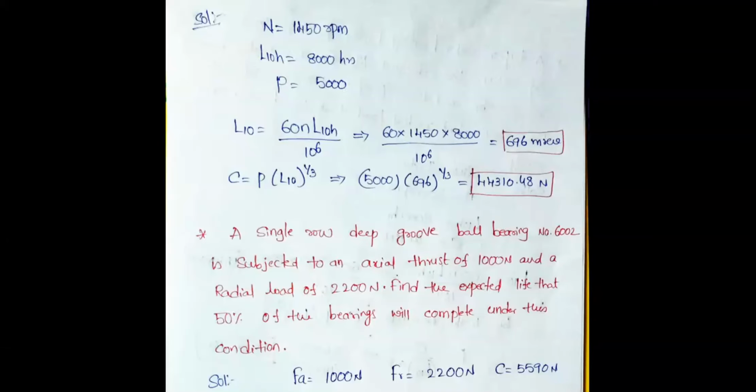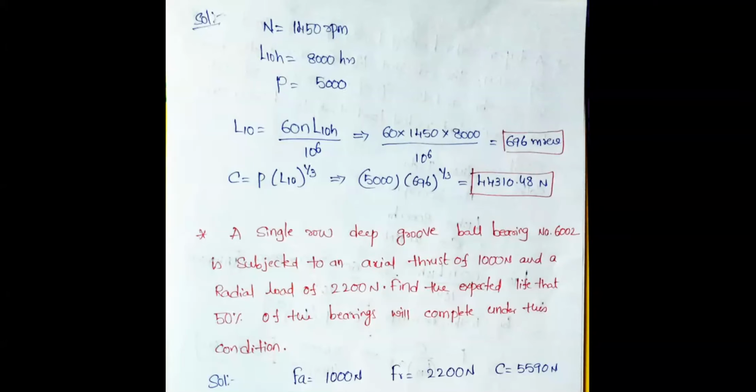Now, how do you get the C0 value? That is another important concept here. You get the C0 value either based on the series number or based on the diameter. In this problem, the ball bearing number 6002 is mentioned.